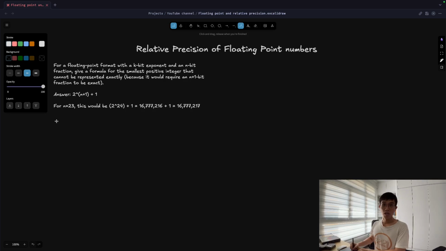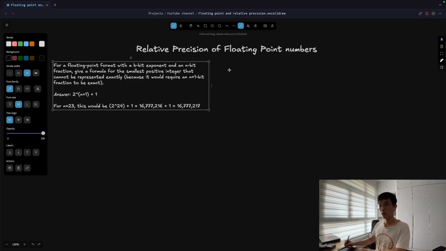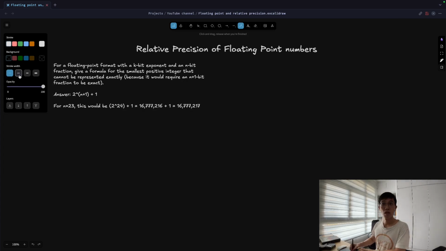In a 32-bit floating point number, you have the sign bit, S, which is 1 bit, you have a k-bit exponent that is 8 bits, and you have the n-bit fraction, which is 23.